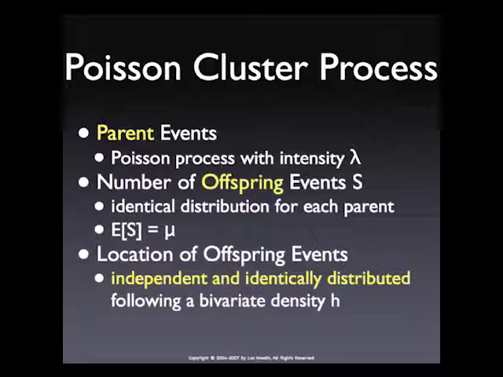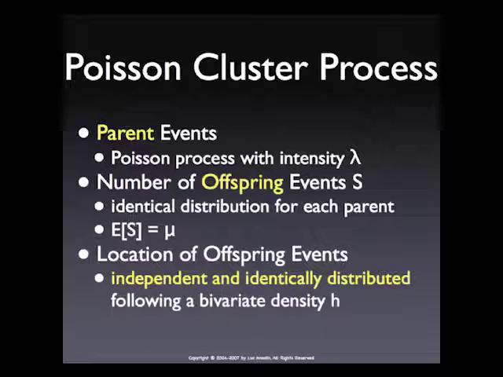And then the third aspect you can also manipulate, but the essence of it is that the location of the children relative to the parents follows some kind of radial process, some kind of two-dimensional process that is typically isotropic, so there's no directional effect.